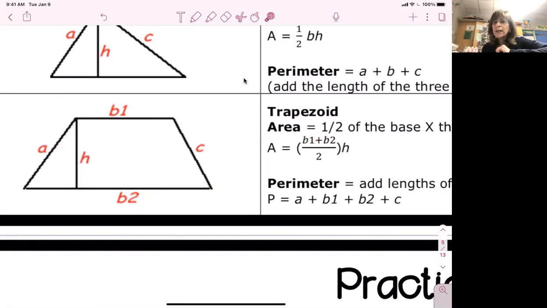As long as you recognize which two sides are parallel, parallel means they never meet. It's like a railroad track. So these two sides are parallel, therefore they are the bases. The height is right here, and it goes from one base to another base.